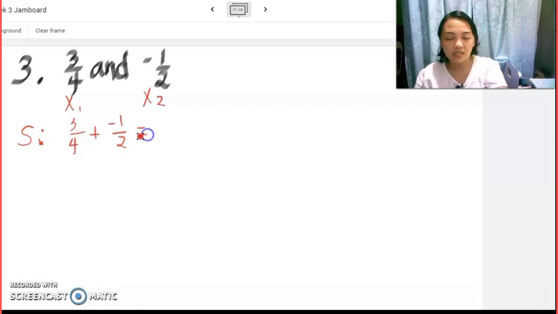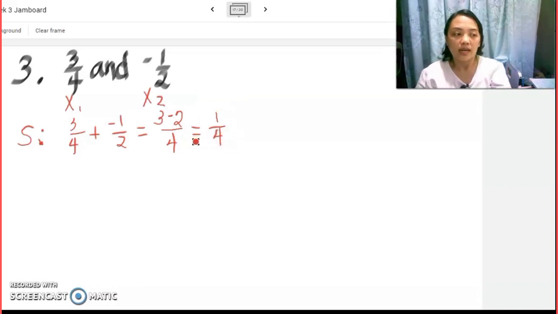What is the LCD of 4 and 2? The answer is 4. 4 divided by 4 is 1, 1 times 3 is 3. 4 divided by 2 is 2, 2 times negative 1 is negative 2. So, 3 minus 2 is 1. Copy the denominator. So, the answer is 1/4.